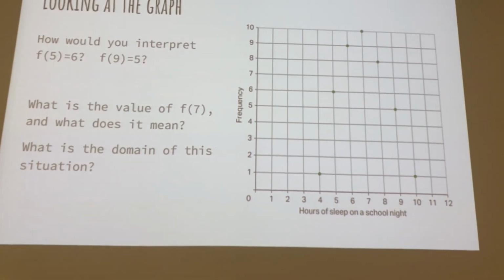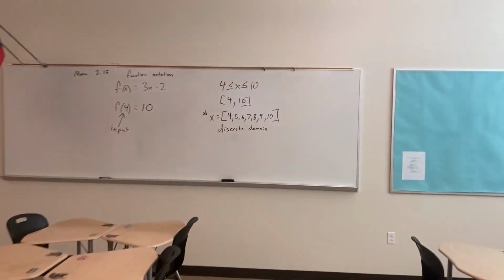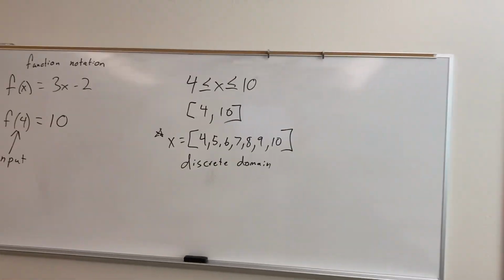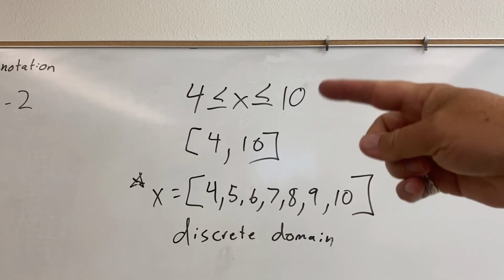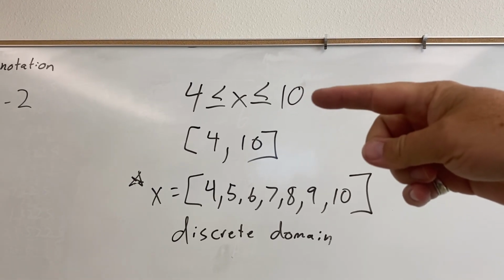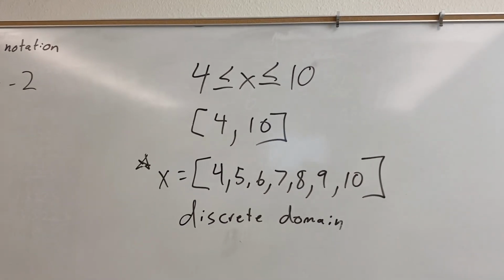What is the domain of this situation? Again, it's an example I had on the back board, so we're going to walk back again. When we're dealing with domain, you've probably seen examples like these top two, where it's a continuous kind of domain, either in inequality notation or set notation.